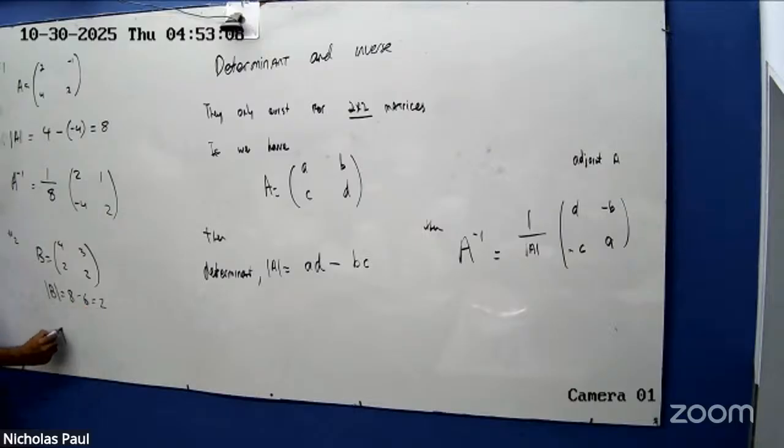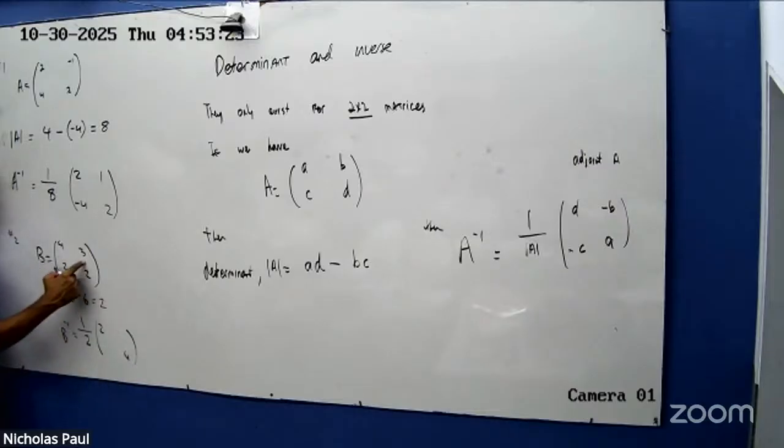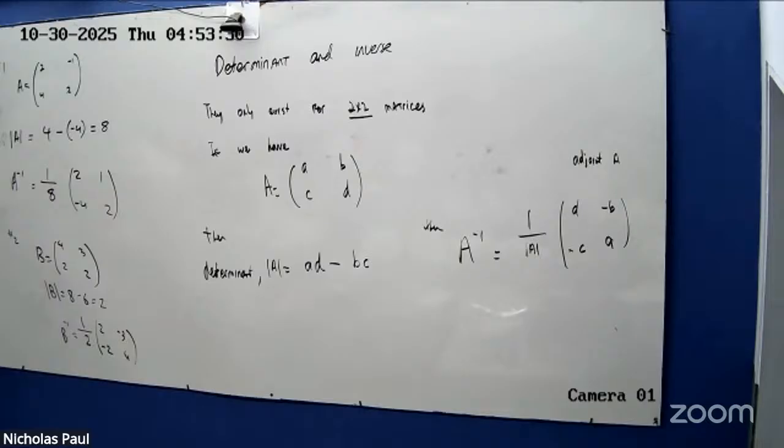Now the inverse is 1 over the determinant of B, which is 1/2, times what? Switch the 2 and the 4 and put a minus by the 3 and the 2. That's it.